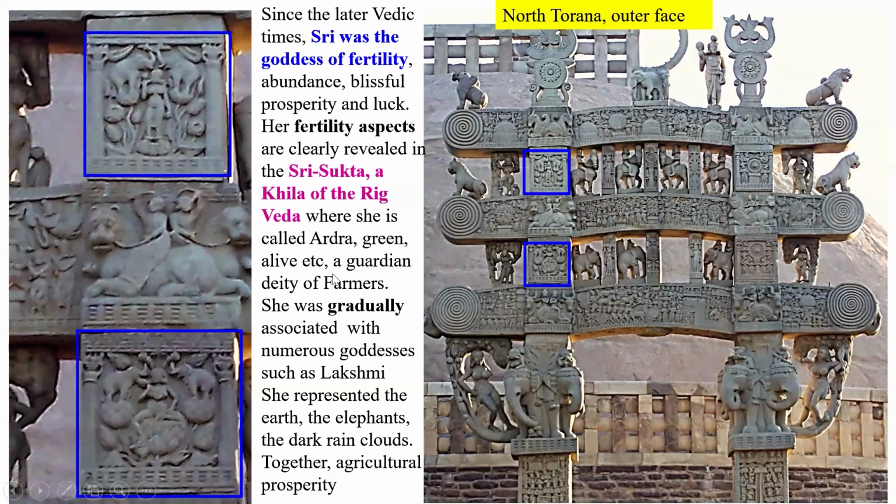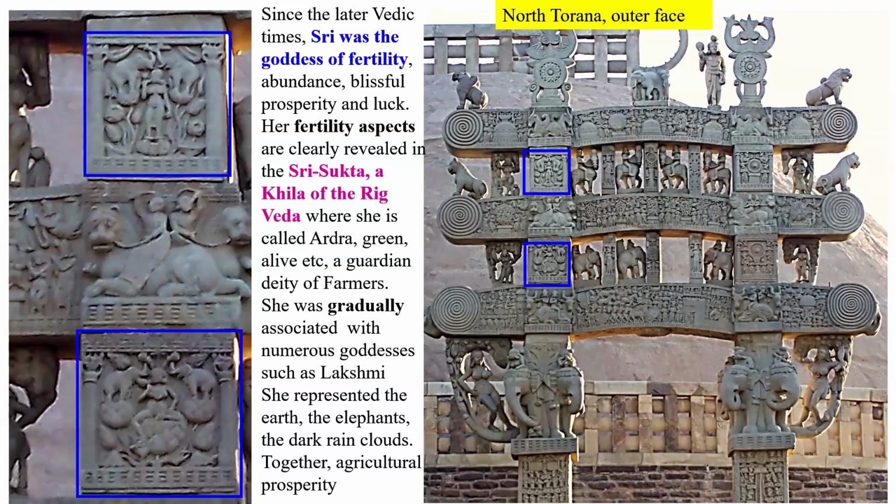All these refer to the generative properties. And she represents the earth, Bhudevi, and these represent the clouds. So when both the fertile soil and rains are there, then it results in agricultural prosperity, good crops.